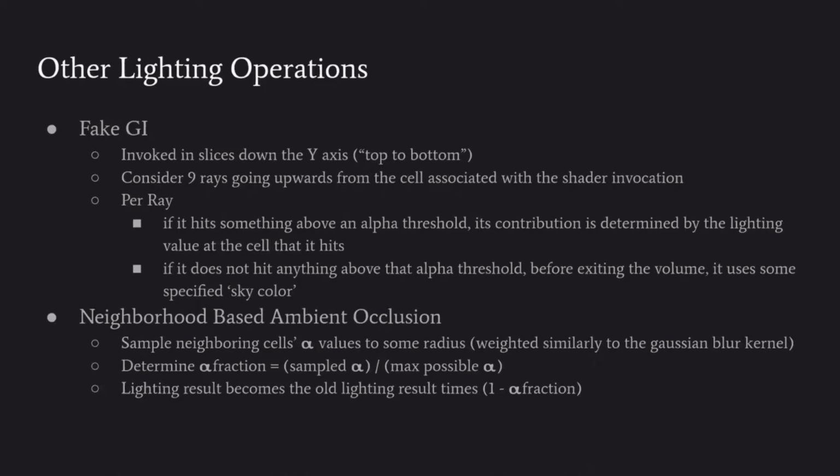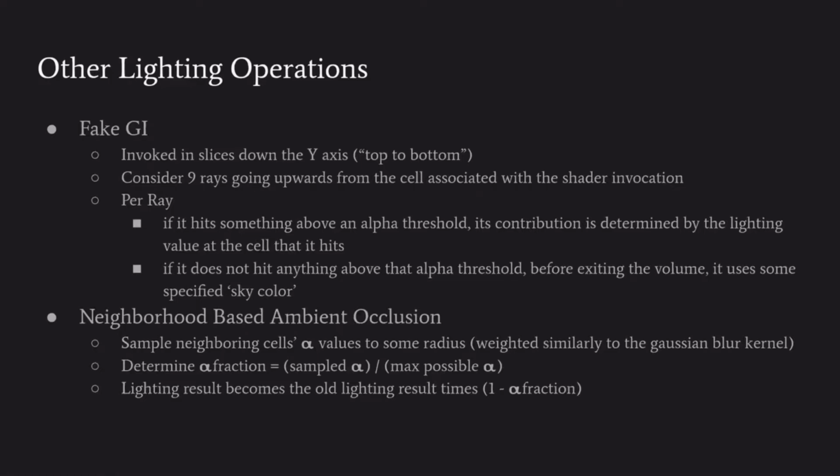So fake global illumination. It's not very good fake global illumination, but it's kind of a real-time approximation. It's invoked in slices down the y-axis, top to bottom, right? And there is synchronization in between each slice, so it is not exactly the fastest thing in the world. So basically, each cell in each slice, horizontal slice, considers 9 rays going upwards, and that's, if you kind of look at it from above, the whole neighborhood above it.